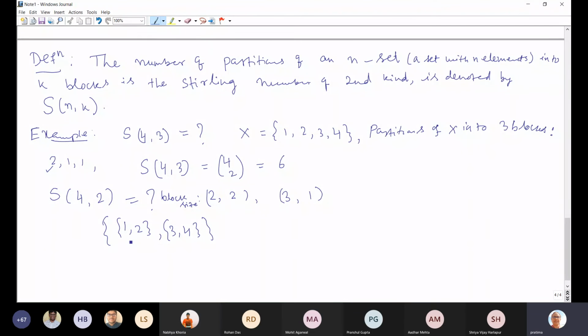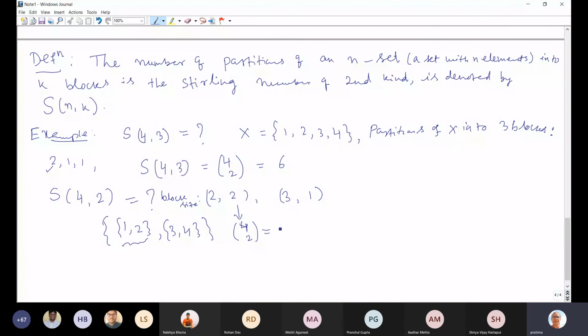Now 4C2 divided by 2. See, look, once I select any one of these blocks, say the first block, the other block will be determined uniquely, just the complement of the first block. So here the total number will be 4 choose 2, which is 6, but then we are counting this twice, right?